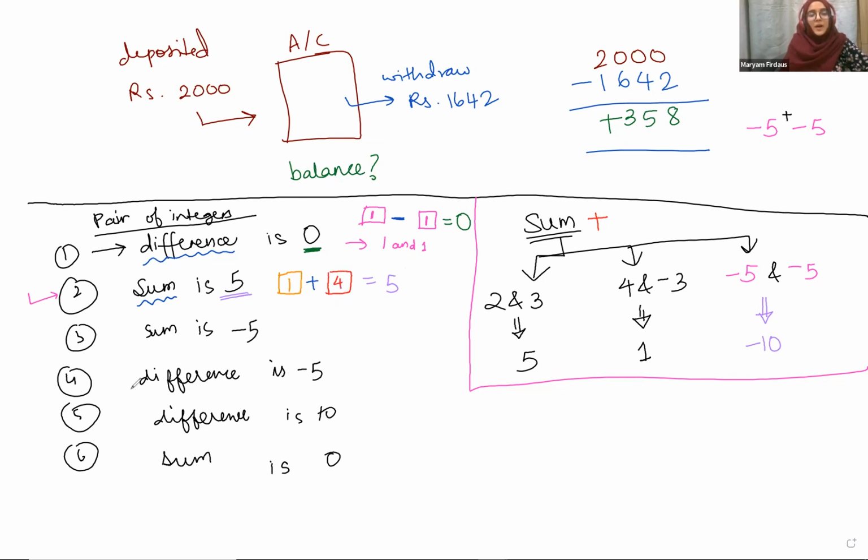Now sum is minus 5. I don't know how to do that. Okay, come on, we can do it. I know you can. So sum, that's why I put a plus sign in between.